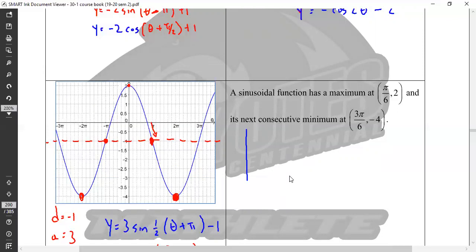So if I tried to sketch this out, I've got pi over 6 comma 2, and I've got 3 pi over 6 comma negative 4.